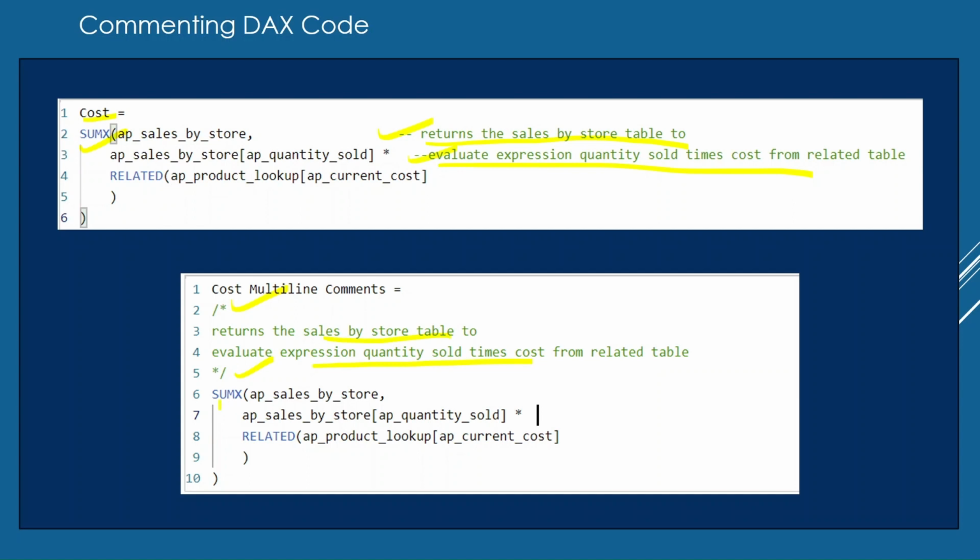I'm not discussing more about what the function of these measures is doing. The overview is that it calculates total sales for a particular store, but the focus here is on how we put comments. With the help of this syntax we can put multi-line comments. So let's do this exercise in Power BI.